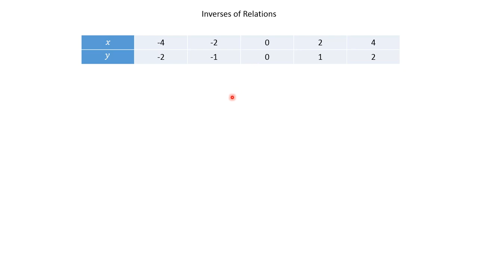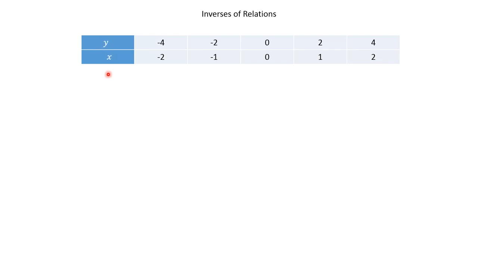So, to find the inverse of this relation, we only need to do a little thing. An inverse literally switches the input and the output. In a relation, the input is x, the output is y. So in order to find the inverse, we just need to switch x and y.